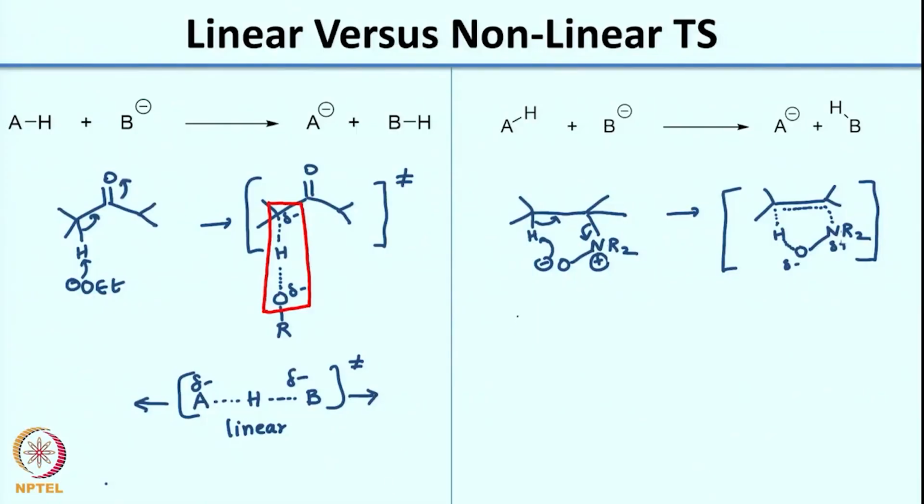So now what does this constraint do? So if I were to translate this, so I have AH and then I have B, which is coming at an angle now, correct? So now what you have is B is coming at an angle. So your transition state looks something like this.